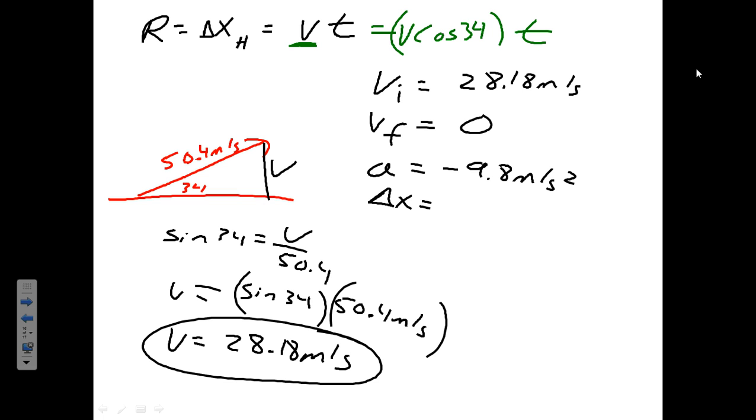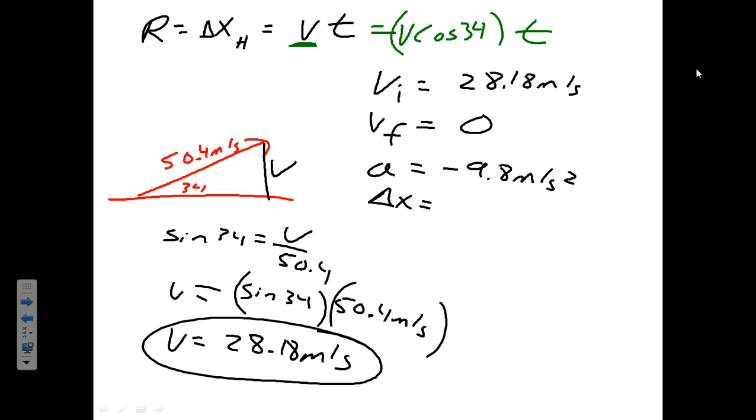How'd you find the 28.18? Can't we use the equation we had earlier that was V sine 34 and 4.9? Yeah, we could find the time, but I would say this is easier. This 28.18 was just the vertical component of this. I took sine of 34, and then I just solved it for V.